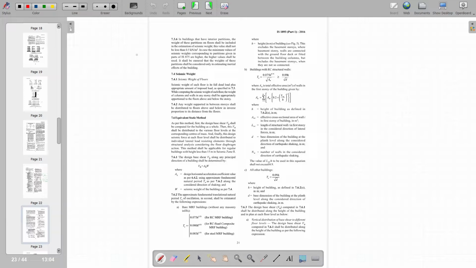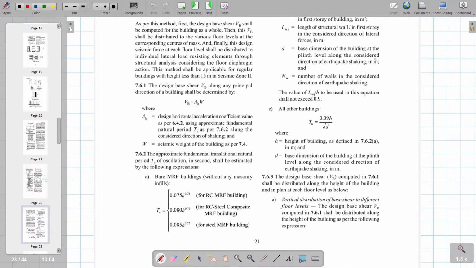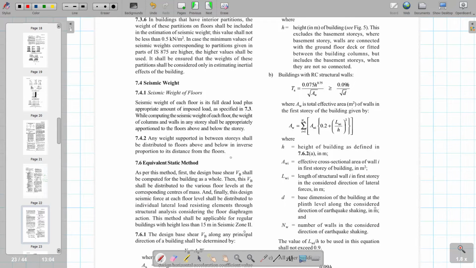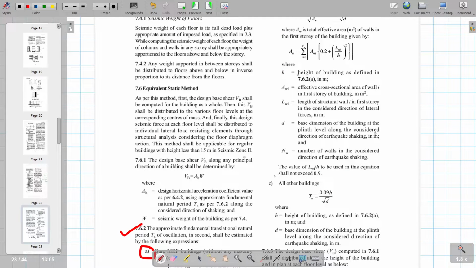Okay, I'll just zoom in. If you refer to this clause 7.6.2, here you can see they have given how to calculate time period. They have given three conditions. This is condition A. Okay, this is the condition B, and this is the condition number C.